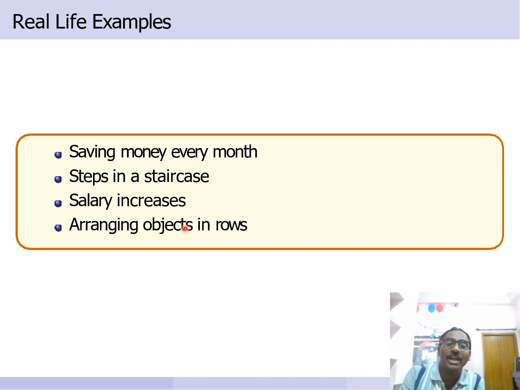If it is like that, we can say that is a fixed number increasing. Arranging objects in rows: in the first row this many, in the next row one more, in the third row one more, like that. Some fixed number increasing.